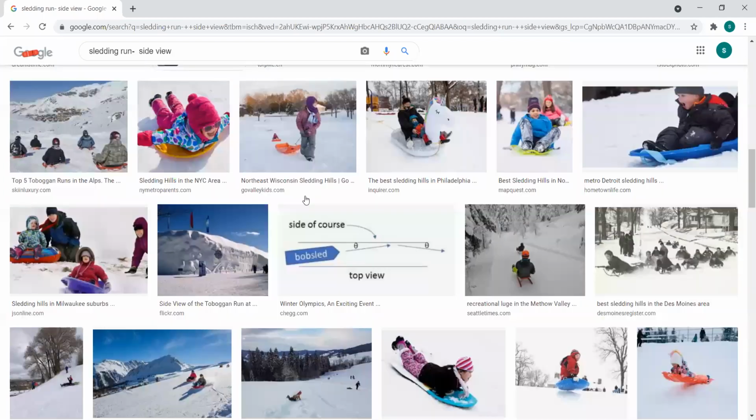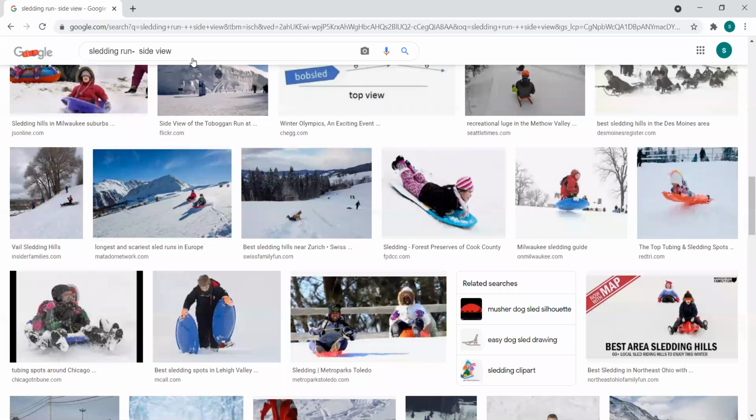So the run is sloping like this, and this is the height, suppose, and this is the base. So the length of the run is 300, and the height is 27.6. This sloping thing is the run, 300, and the height is 27.6.